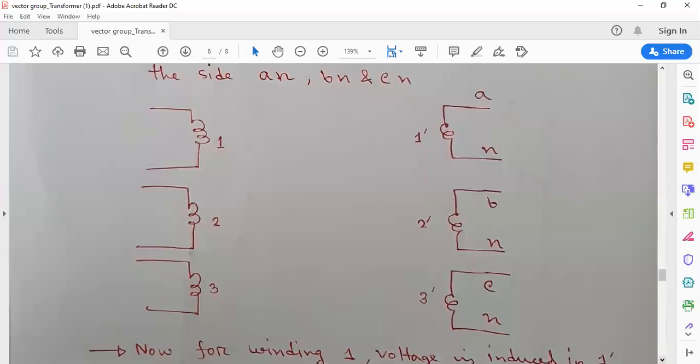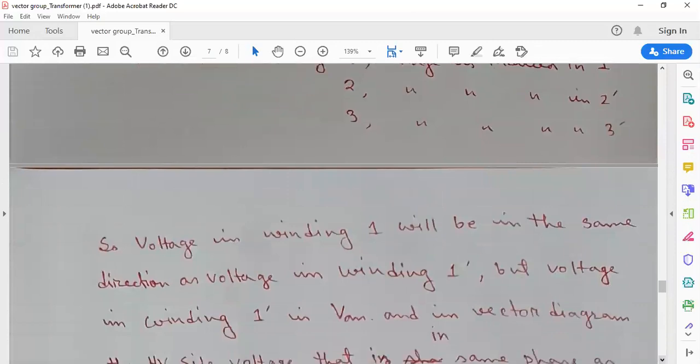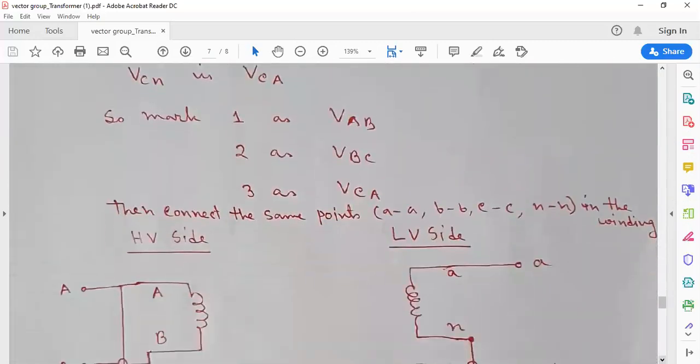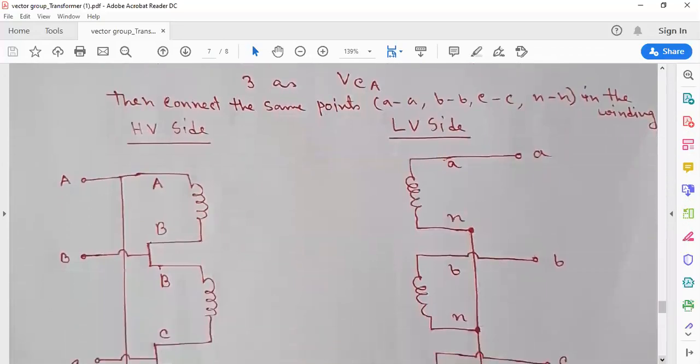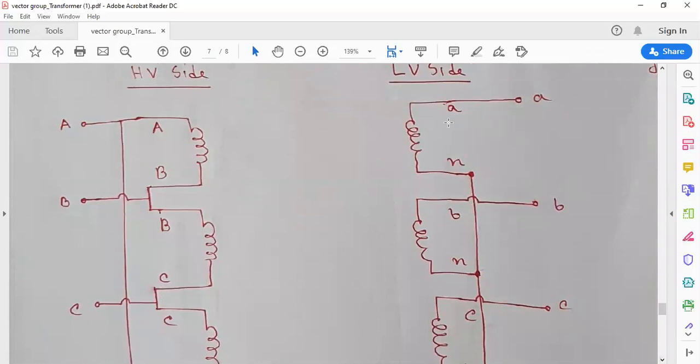And then we will forget this HV side, just look at the low voltage side. We will connect a winding to a point. This is our a point for low voltage side.